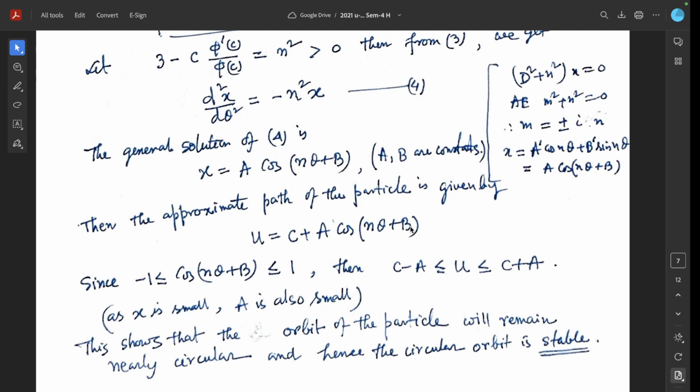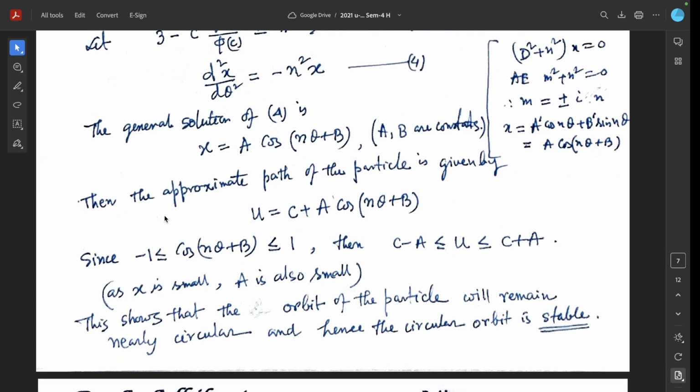into cos (n theta plus b), because u equal to c plus x. So put the value of x here. Now cos theta lies between minus 1 and 1, so multiplying by a, minus a is less than or equal to a cos (n theta plus b), which is less than or equal to a, and then adding c, we get c minus a less than or equal to u less than or equal to c plus a.